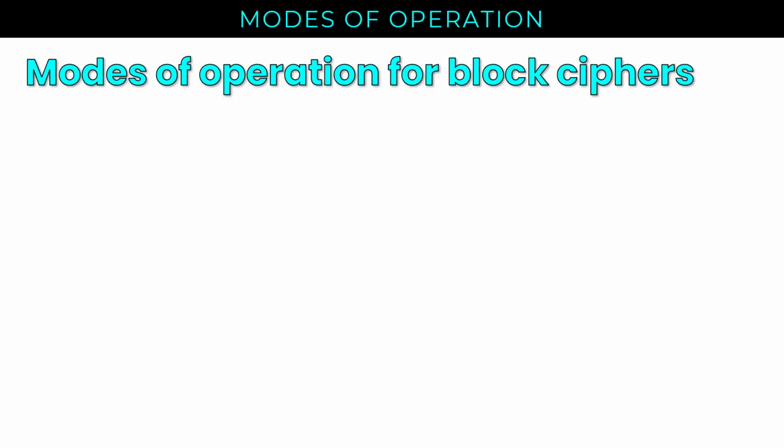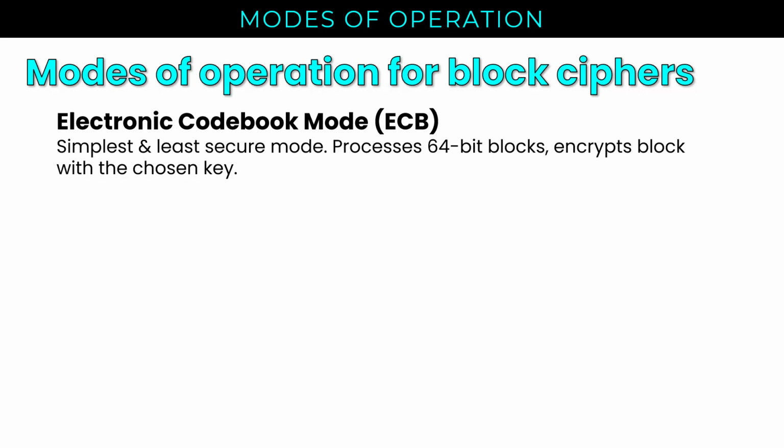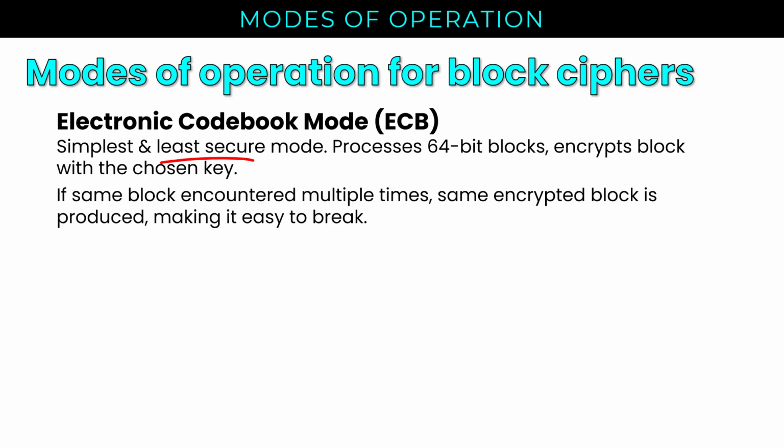So, modes of operation for block ciphers. We have electronic codebook mode, which is the simplest and least secure mode. It processes 64-bit blocks. It encrypts the blocks with the chosen key. If the same block is encountered multiple times, the same encrypted block is produced, making it easy to break.